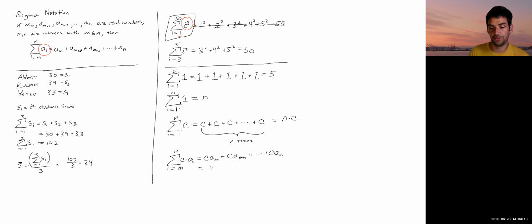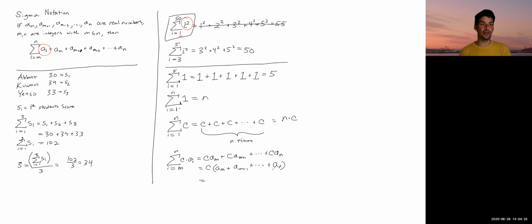But of course, this is addition. We know about the distributive property. We can factor that c from all of these terms. But notice this thing in the parentheses. This is, in fact, the definition we started with at the very beginning.